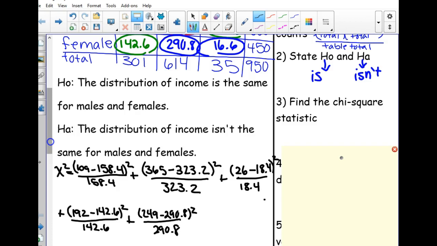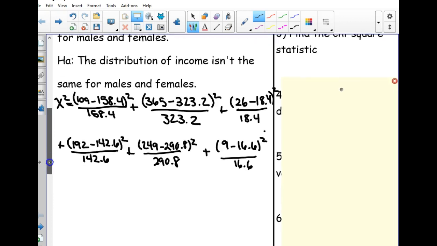So nothing is changing how we're doing this chi-squared. Plus 9 minus 16.6 squared divided by 16.6. And again, to help us out, I'm going to assign some of you some numbers just so it goes a little quicker. And some of you, if you could double check them, that would be great.